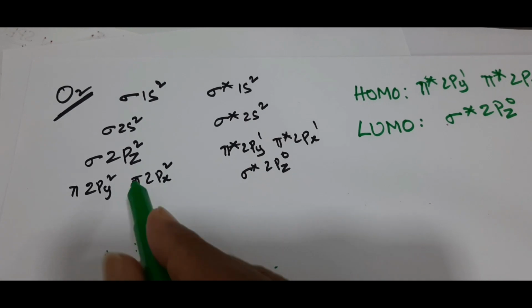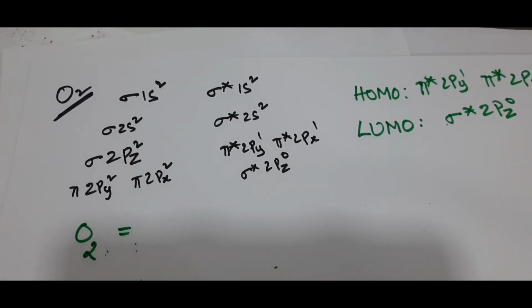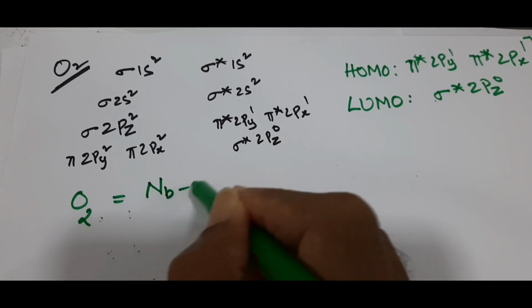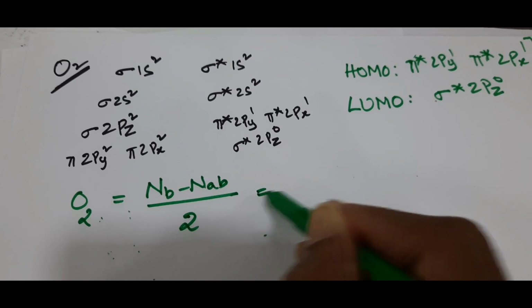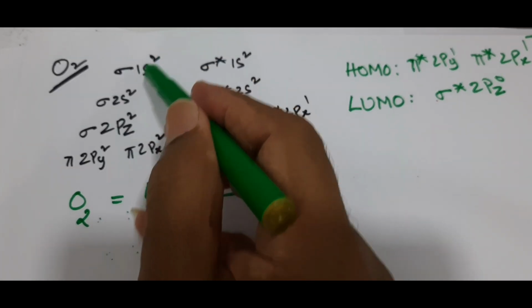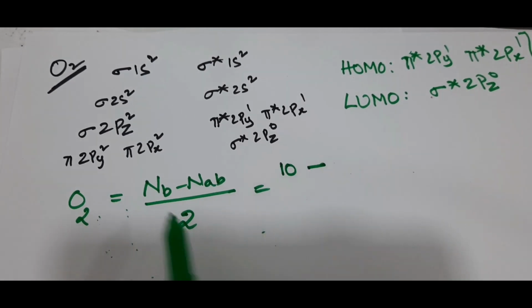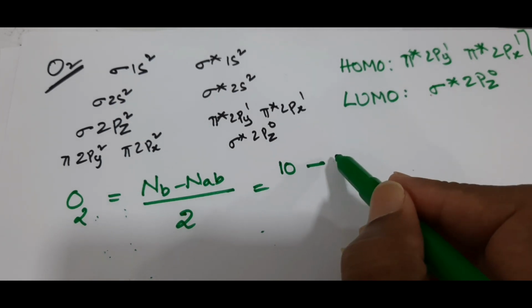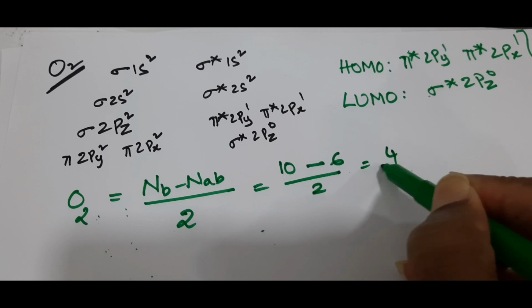Taking the O2 molecule, first you have to find out the bond order. Number of bonding electrons minus number of anti-bonding electrons, divided by 2. So bonding electrons, 2 plus 2 plus 2 plus 2 plus 2, 10, minus anti-bonding, 2 plus 2 plus 1 plus 1, 6, so 4 by 2.